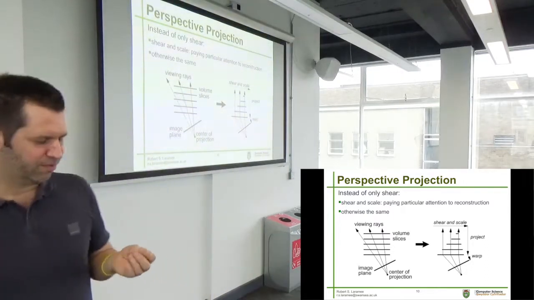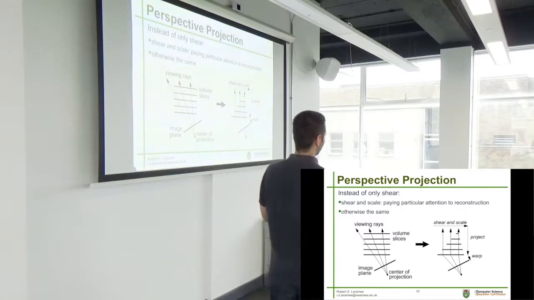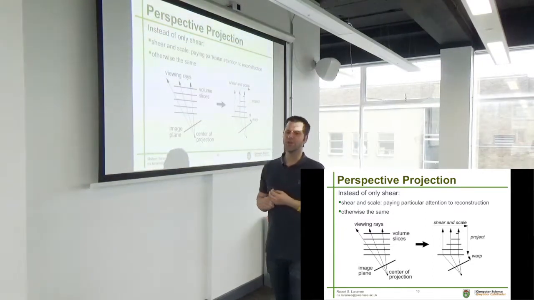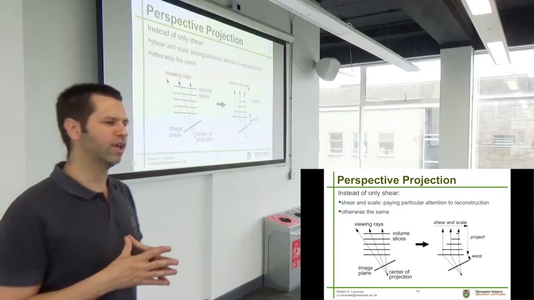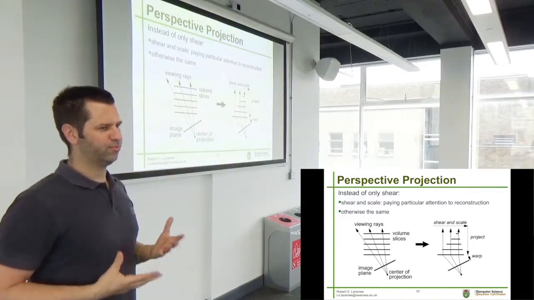But some information gets lost when you make all of your rays parallel. If you make your rays non-parallel, in other words, more like your eyes, you can perceive depth better.